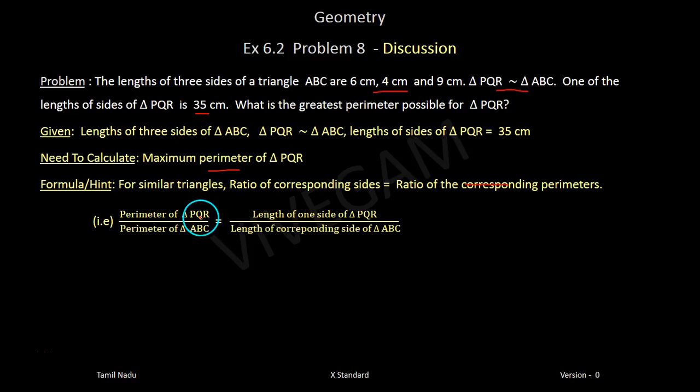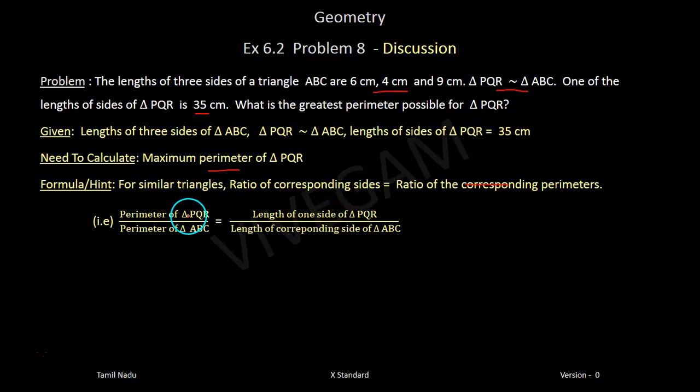We know that these two triangles are similar, right? It's given here. So perimeter of PQR divided by perimeter of ABC is equal to the length of one side of triangle PQR divided by the length of the corresponding side of triangle ABC. This is the ratio of the sides of the two triangles, for corresponding sides.